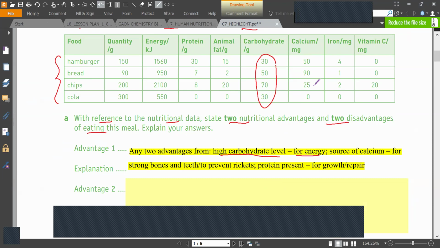Calcium is also present. It's a good source of calcium for strong bones and teeth to prevent rickets. And protein is also present, which is good for growth and repair.